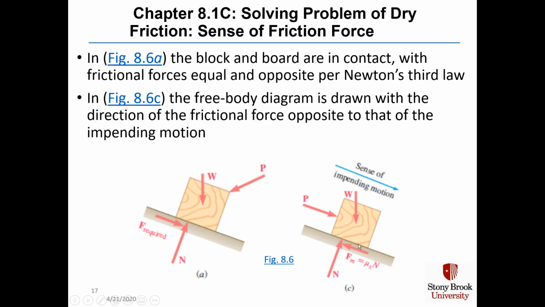And that's the definition of how you draw the frictional force: you imagine in your mind, which way is this block going to move when the angle of the slide with respect to the horizontal gets big enough, figure that out, and then draw the opposite direction to the impending motion.